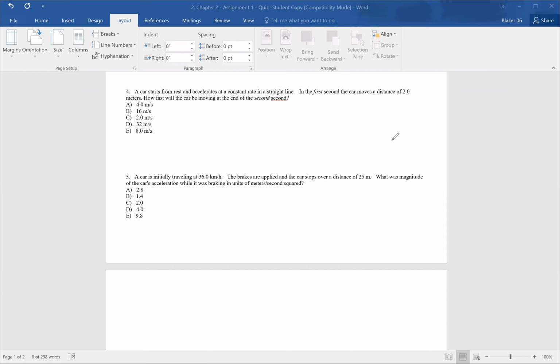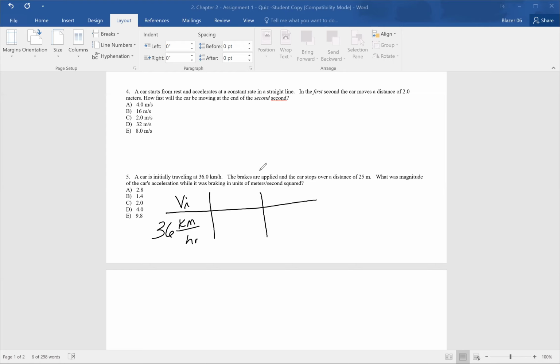Okay, number 5. A car is initially traveling at 36 kilometers per hour. So my speed is 36 kilometers per hour.